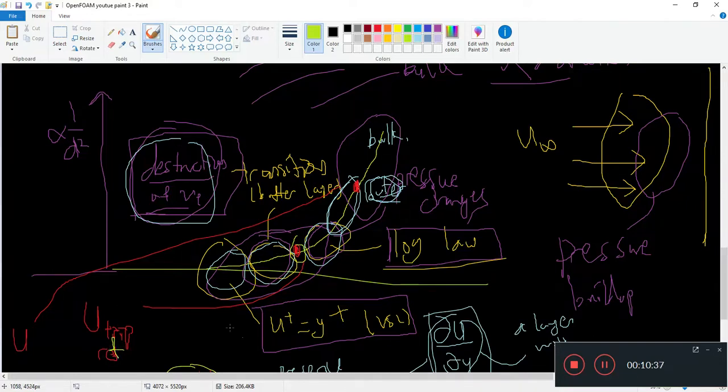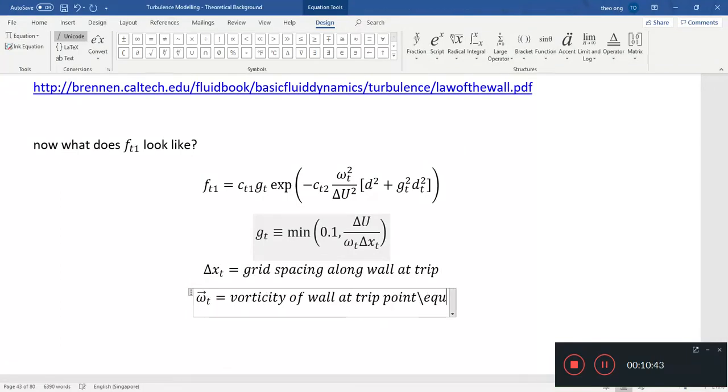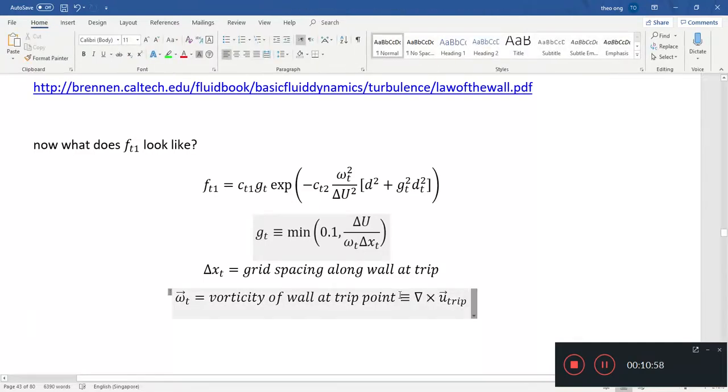And we want the vorticity, which is the curl of the velocity at the trip point. So nabla cross u vector at the trip. So omega t is the curl of the velocity at the trip. Don't worry too much about that.